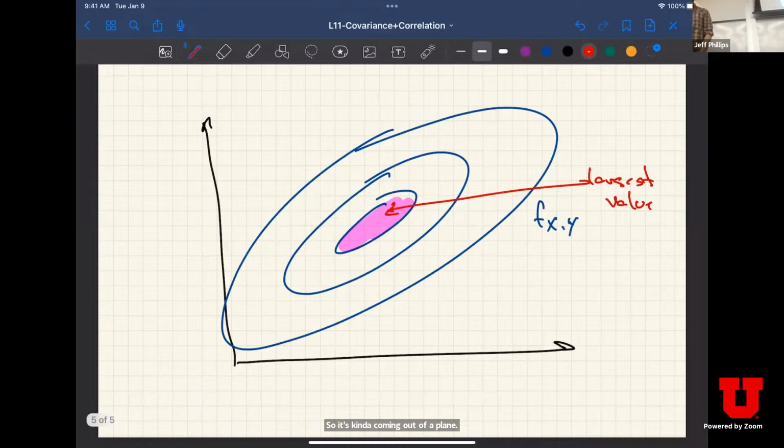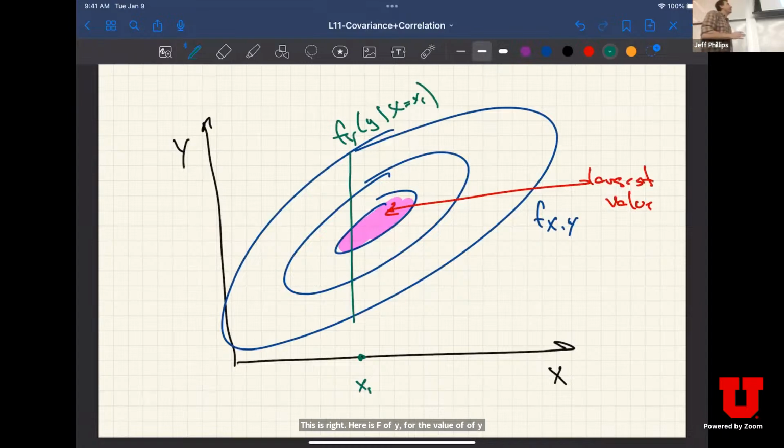And we want to think about what happens if we look at the values of x, and these are the values of y. We can think of this particular value x1, and let's look at the conditional probability. This right here is f of y given that x is equal to x1.